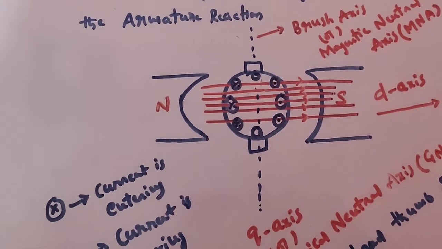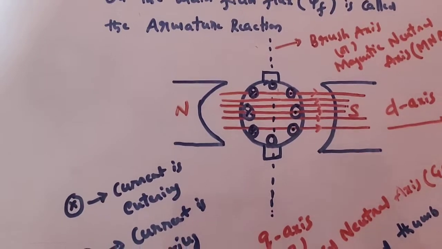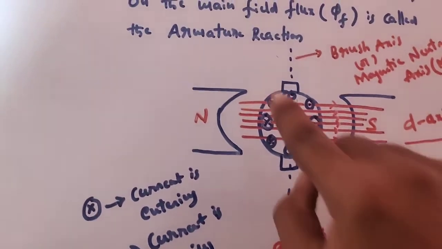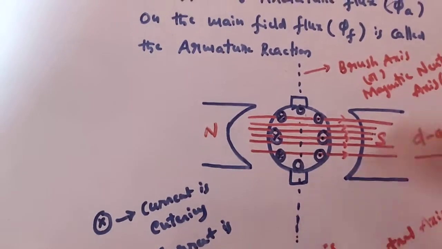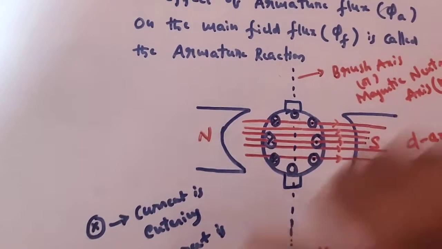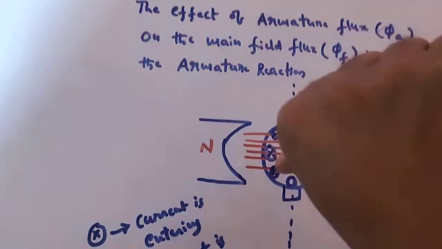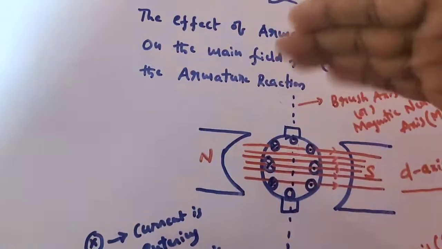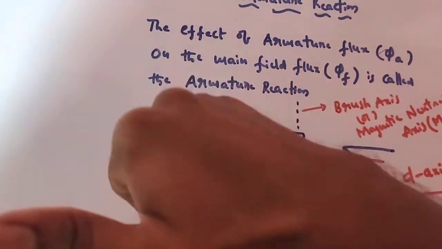Due to that current only the flux is induced, and that flux flows in a proper direction, which can be found by using the right hand thumb rule. Please focus here. The current is entering, so the thumb is like this, and the curled four fingers are moving like this.